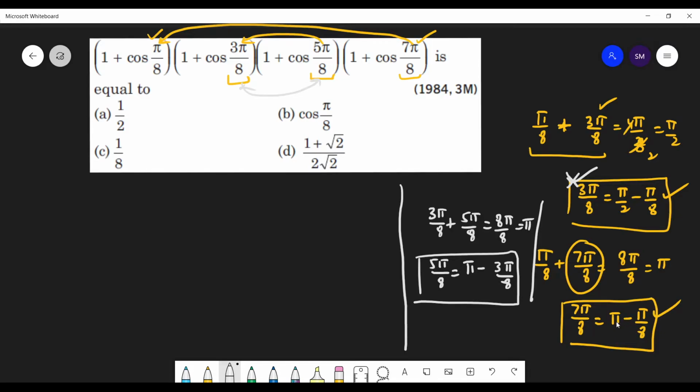This is the second quadrant, so cos is not going to change sign, but yes, this will become cos pi by 8, right? And what will this become? 5 pi by 8. As pi is there, again cos in the second quadrant, so we'll get this as minus cos 3 pi by 8.